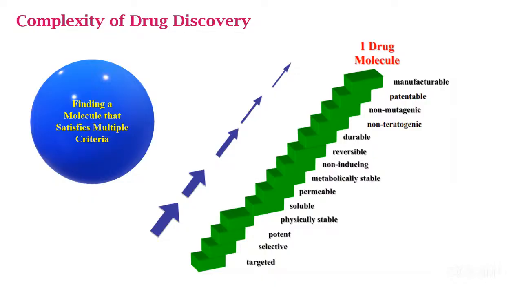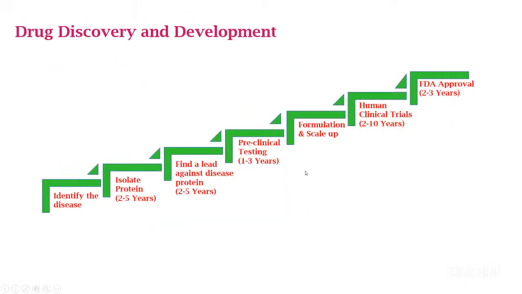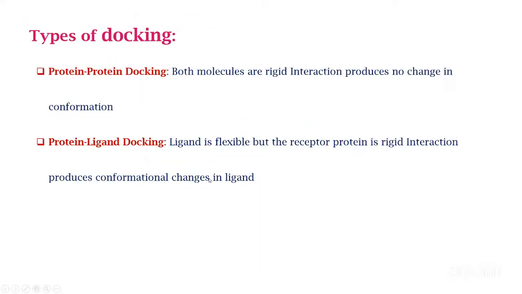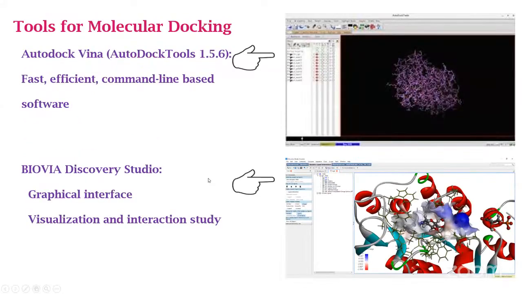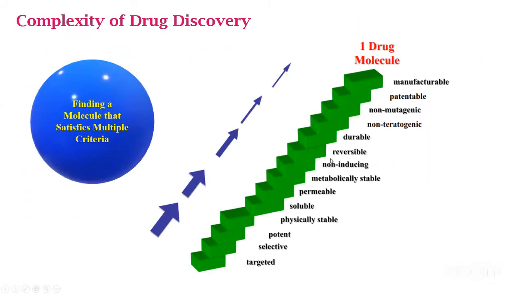So these are the number of stages, or criteria, that the drug should cover, and then we can say the drug can be approved by the FDA. So all this process, the drug discovery process, is very lengthy, and it should give some positive output.